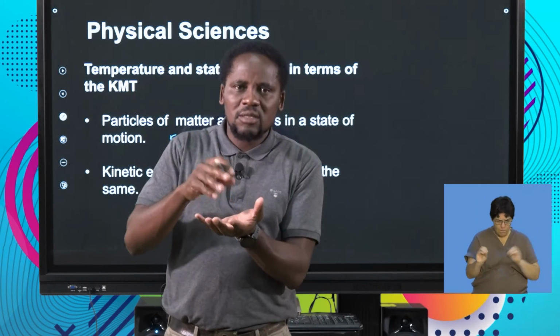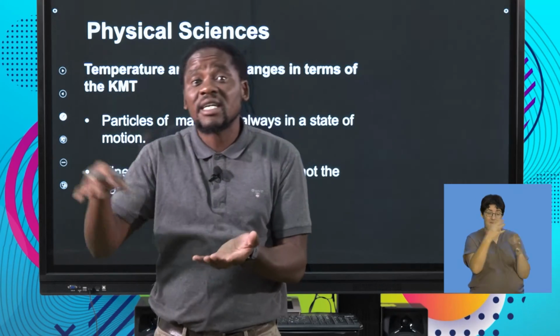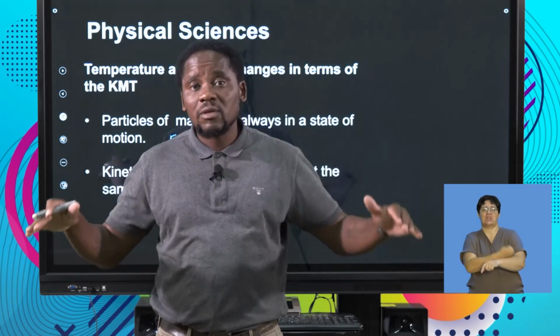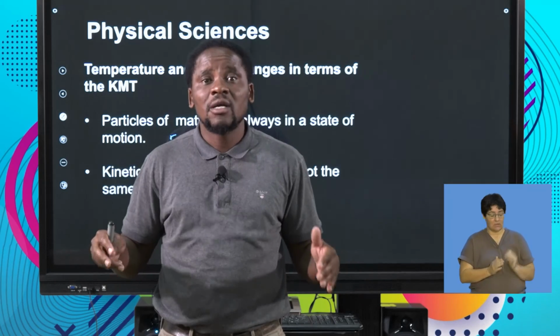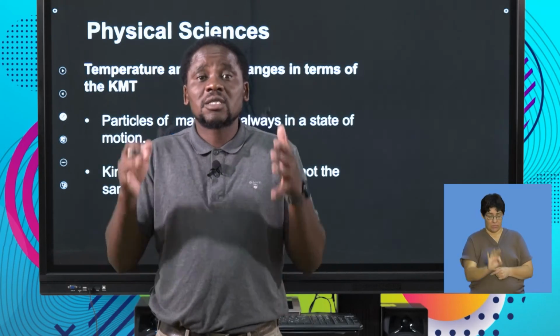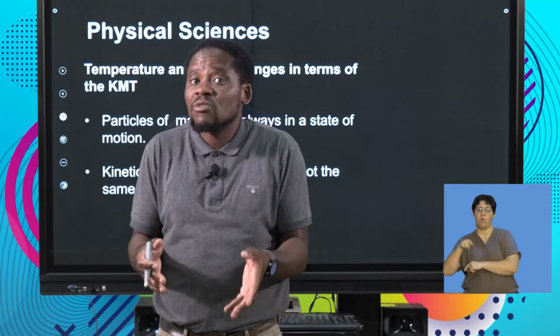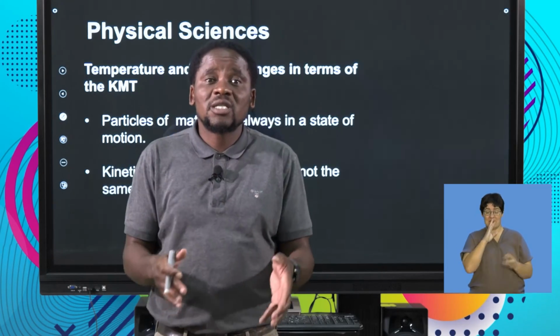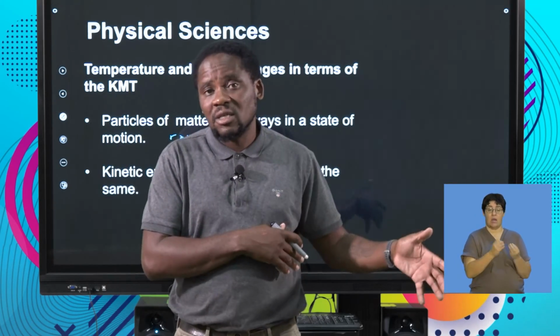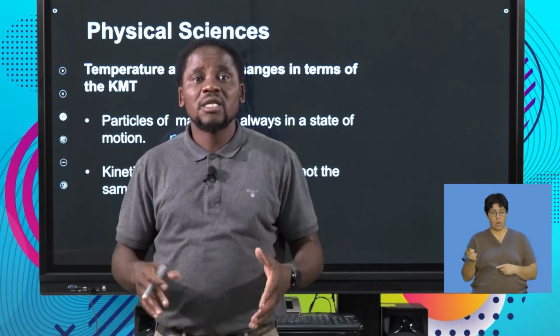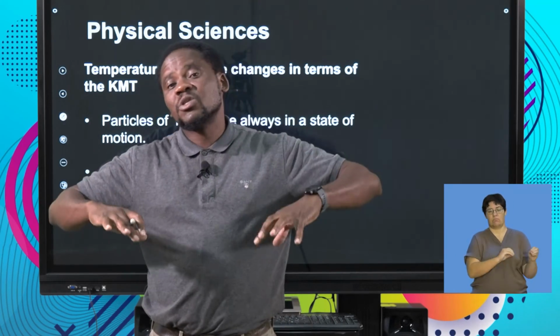So particles that move faster have greater kinetic energy than those that are moving slowly. But in all the three states of matter, particles are in a constant state of motion. So in essence, what are we saying? There are no particles of matter that do not possess any kinetic energy. So all forms of matter, their particles are in a state of motion, but the state of motion will differ.